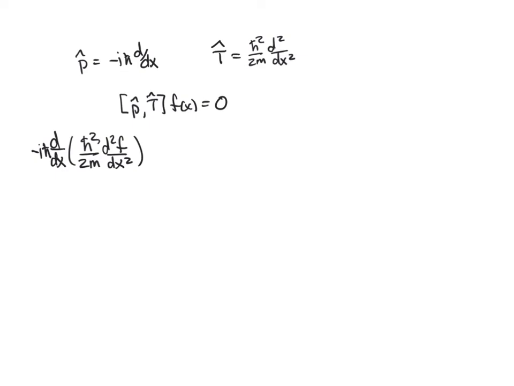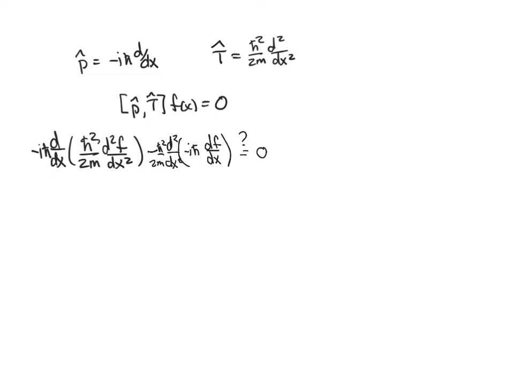Now I need to subtract the result of doing the operations in the opposite order. So minus, take the derivative of f with respect to x and multiply by minus i h bar, and then take the second derivative of that and multiply by h bar squared over 2m. And I want to know, does that equal 0? If it equals 0, these two operators commute.